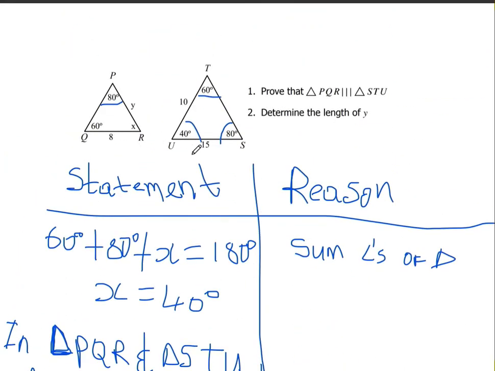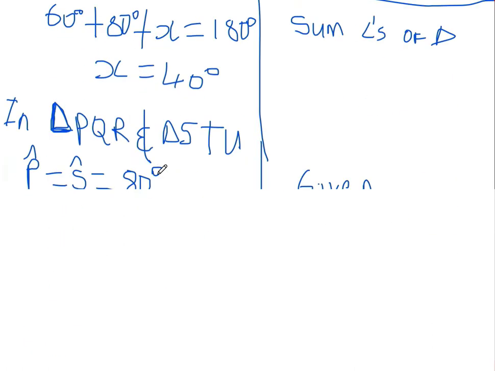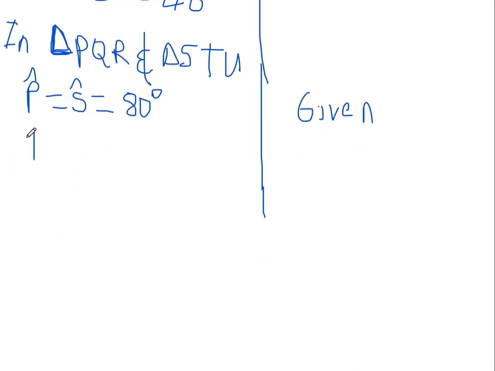What else do we have? We can just start with angle T and angle Q, and they're both equal to 60 degrees, right? The reason is the same, also given. We just write given here.